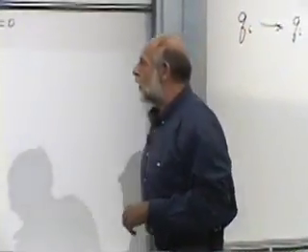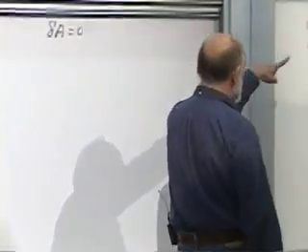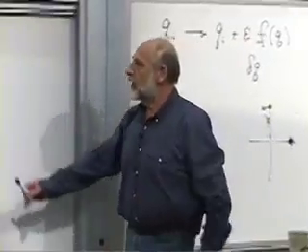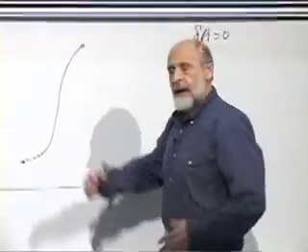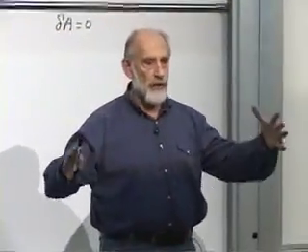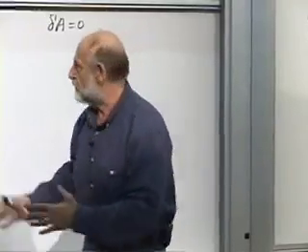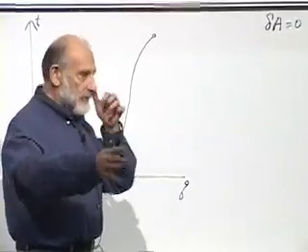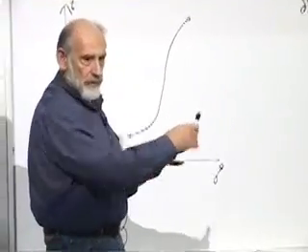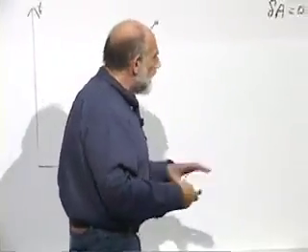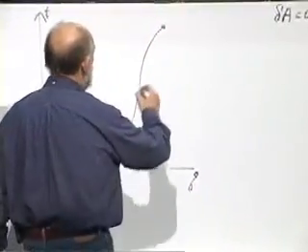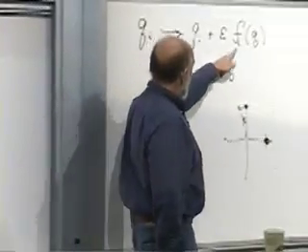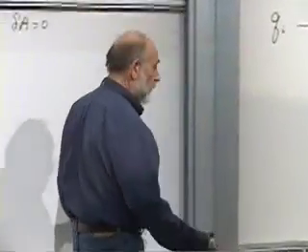What I'm going to do is I'm going to apply the symmetry operation to the trajectory. If the symmetry operation is translation in space, it's just going to take this trajectory and translate it in space. If it's rotations, it's going to rotate the trajectory about some axis. Whatever it does, it moves each point along the trajectory by amount epsilon times f of q.